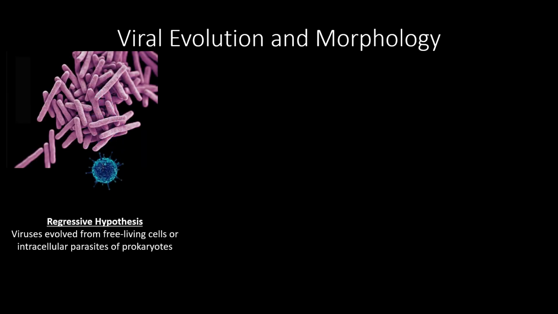While we understand how modern viruses mutate and adapt, which is why you need an annual flu shot, by the way, we know very little about the origins of viruses. Virologists, which are virus scientists, agree that viruses do not share a common ancestor like living things do, so there are three hypotheses proposed. First is the regressive hypothesis, which states that viruses evolved from free-living cells or intracellular parasites of prokaryotes, almost like they de-evolved.